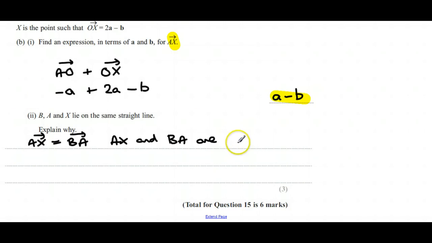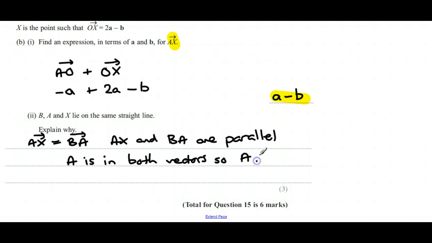If they're the same vector, it doesn't mean they have to be in the same place, but what it does mean is that they're parallel. And A is in both those vectors, so both those vectors include point A, so A, B and X are on a straight line.